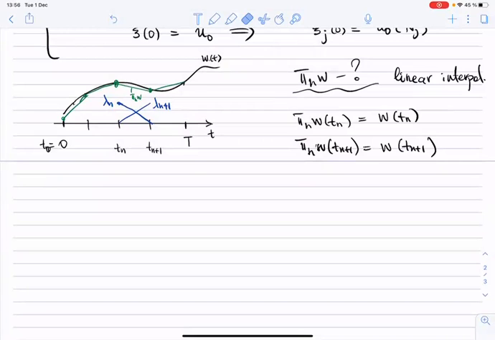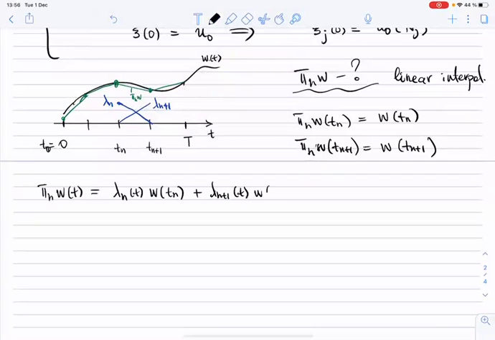So here we get pi_h w(t) is equal to lambda_n(t) w(t_n) plus lambda_{n+1}(t) w(t_{n+1}).